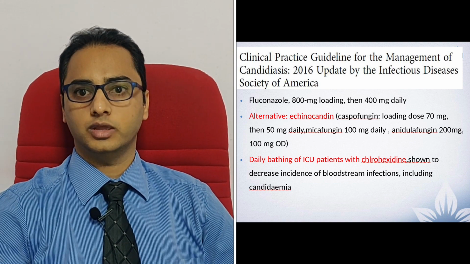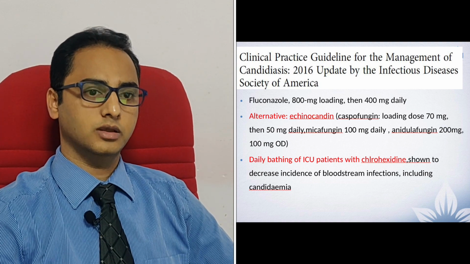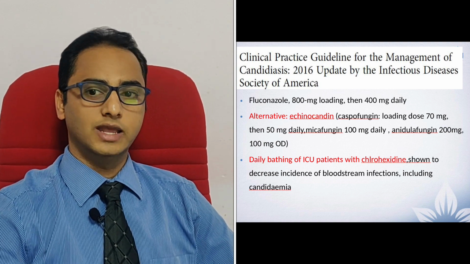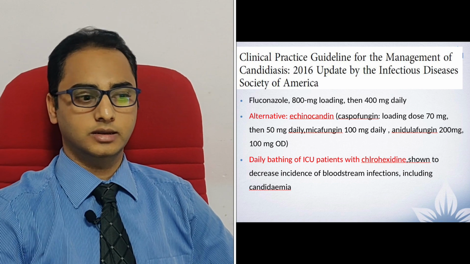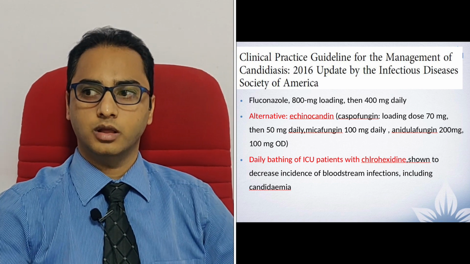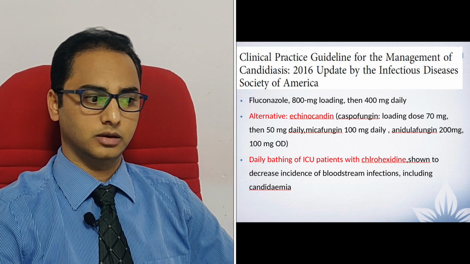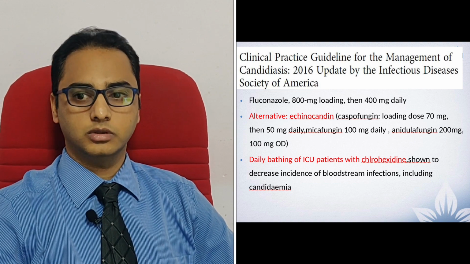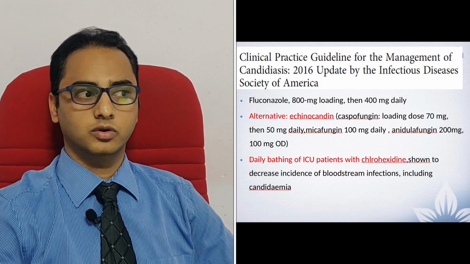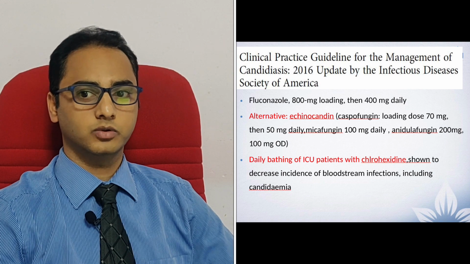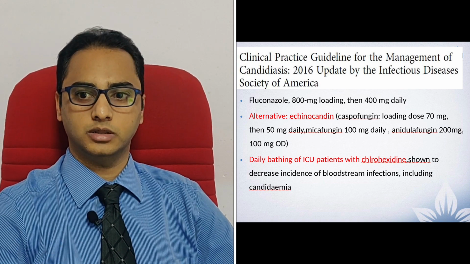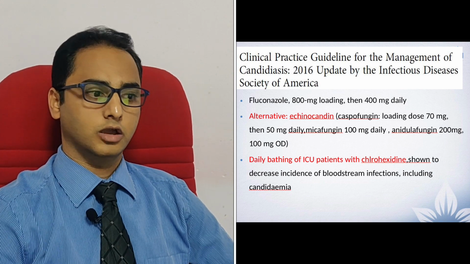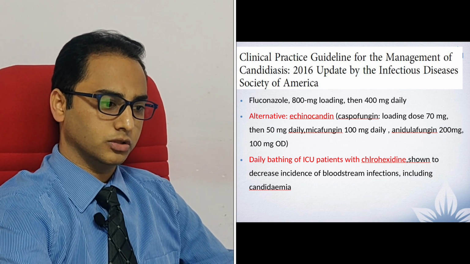Alternatively, we can use echinocandins or polyenes like amphotericin B. Daily bathing with chlorhexidine is going to reduce the burden of fungal infection, particularly Candida. So till now, we can use fluconazole as the prophylactic option. Okay, and as another alternative, depending upon the risk factor, you can go to echinocandins or polyenes.